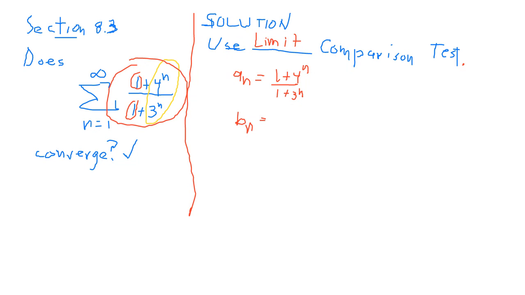What might I let b sub n be? Well, why don't we let that be 4 to the nth power over 3 to the nth power, which incidentally is 4 over 3 to the nth power.